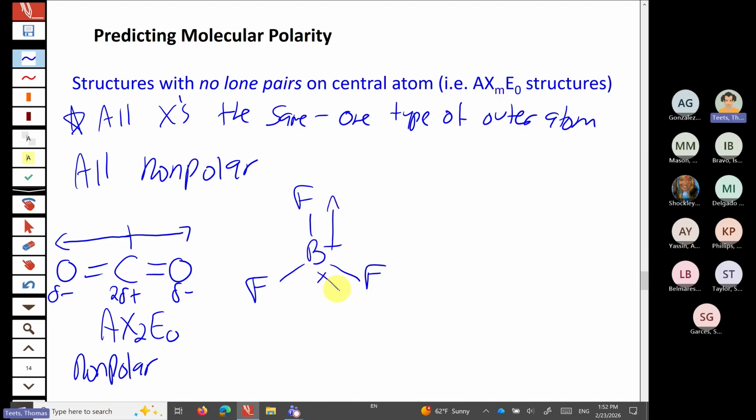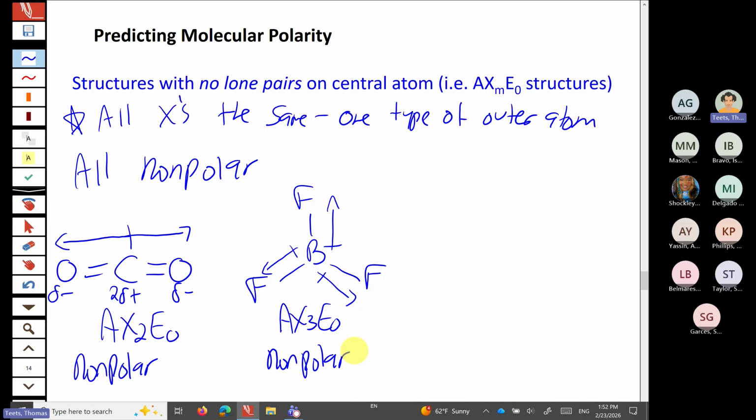You'd have to be good at two-dimensional vectors to fully convince yourself of this, but you can still remember the pattern: no lone pairs in the center atom, three identical outer atoms. This is also nonpolar. This time there's three bond dipoles. They all cancel each other out to give a net zero dipole moment, no dipole moment at all.